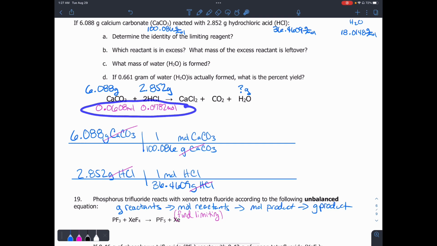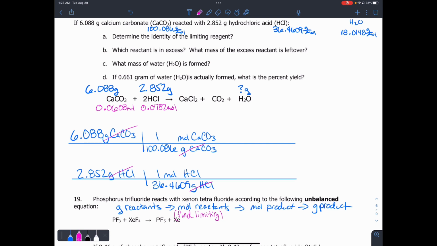Here you can see I've written down two numbers that are just a representation. They're not the entire number in my calculator. I'll continue to calculate using all of the digits in my calculator until I arrive at a mathematical answer. This is a good step that'll help me find the limiting reagent.